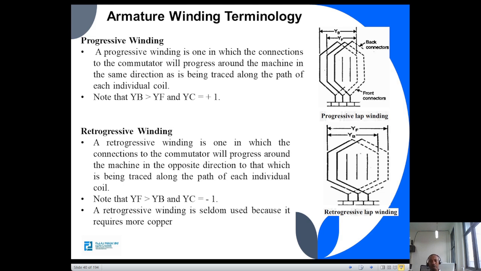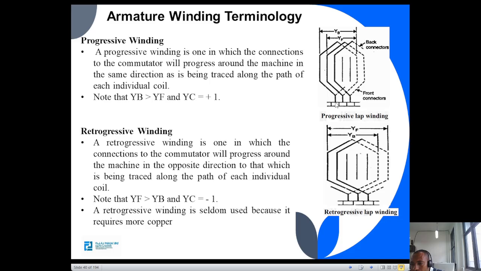Another important term is progressive winding and retroprogressive winding. The progressive winding is one in which the connection to the commutator will progress around the machine in the same direction as being traced along the path of each individual coil. See this, for example.